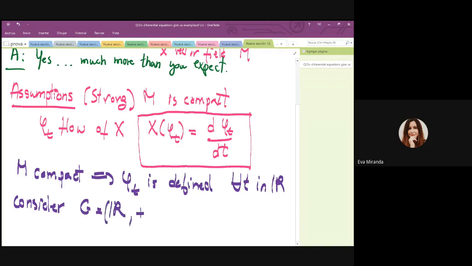So I consider the additive group of real numbers, okay?